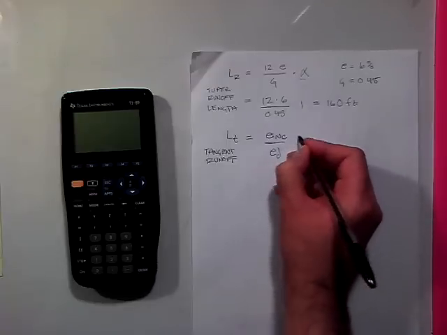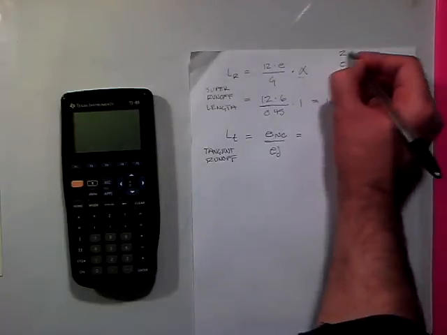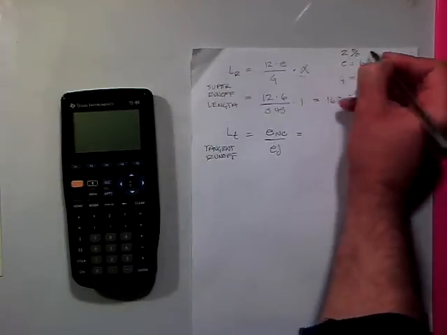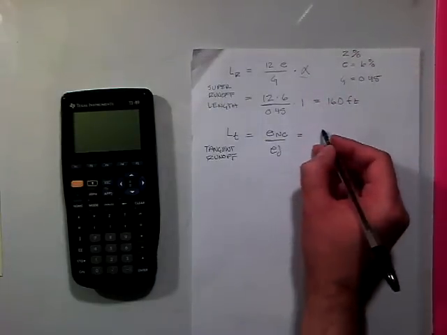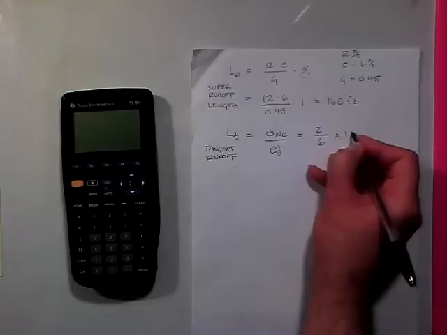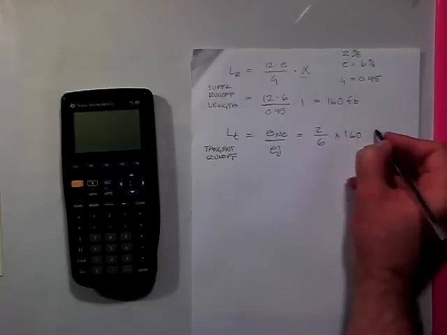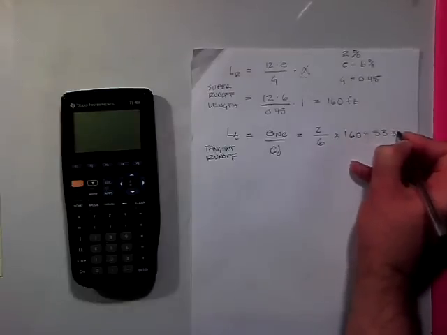This equals, we had a 2% of our cross grade. So we do 2 divided by 6 times 160. Equals 53.333. That repeats.